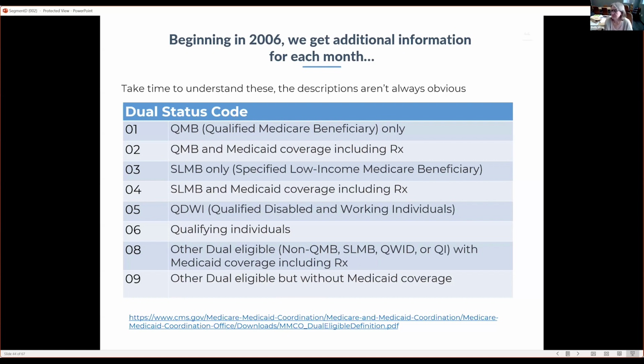So what you need to do is think about functionally, what are you trying to identify? You're trying to identify people who get help with their premiums. You're trying to identify people whose incomes are lower. Think very concretely, I am using this variable in order to do what? And then you'll be able to use these definitions to figure out how they all come together.